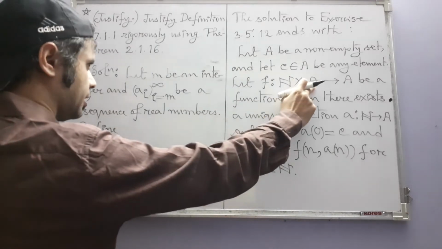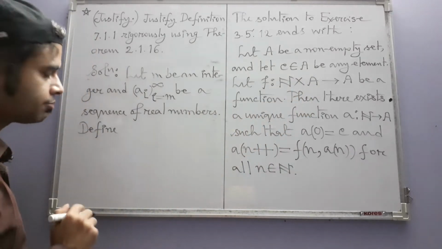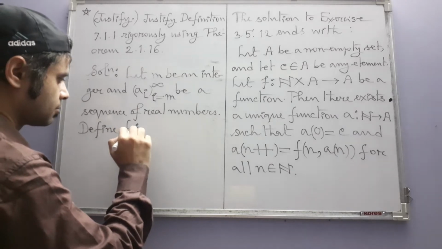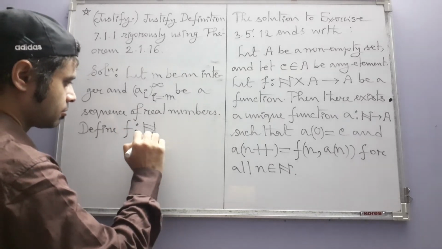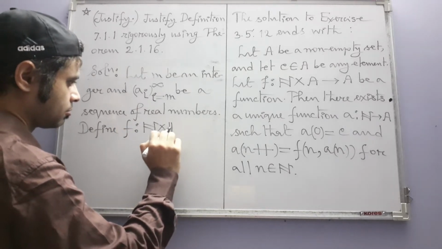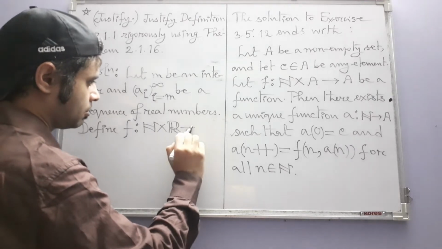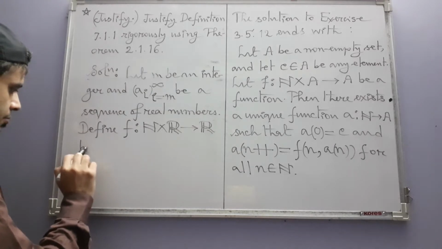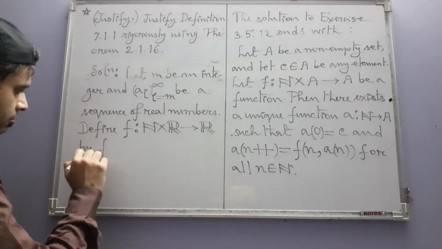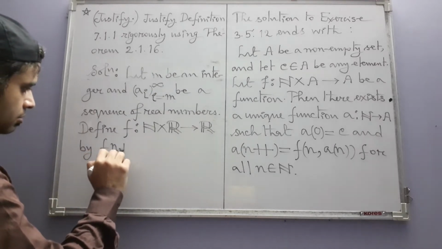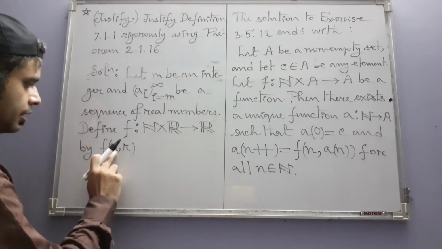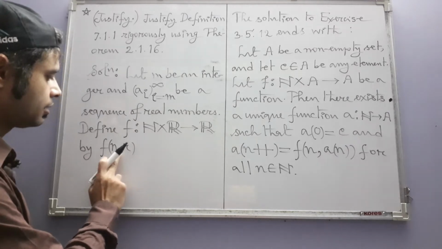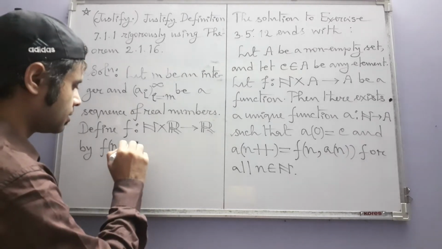And in place of A, now we are going to take the set of real numbers. And that function is this, into the set of real numbers by this formula. N is coming from the natural numbers, so our small n is a natural number and small r is a real number.